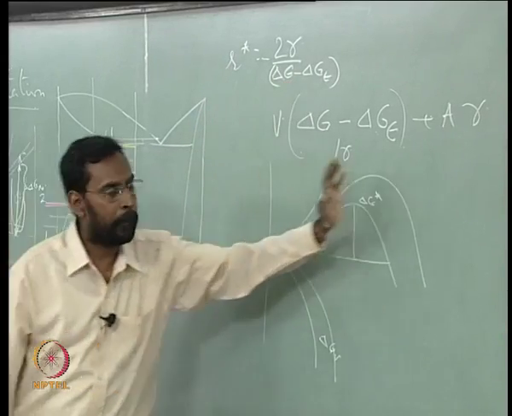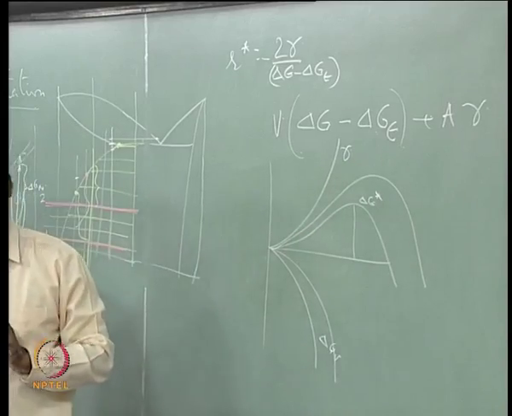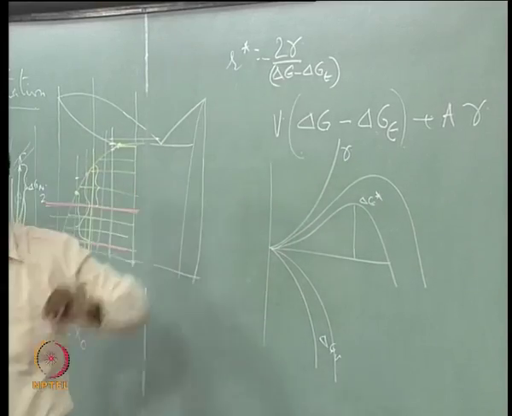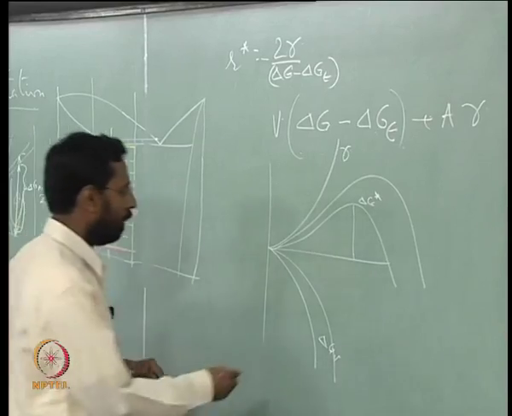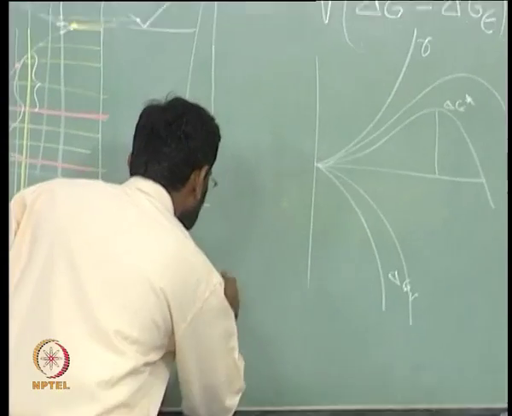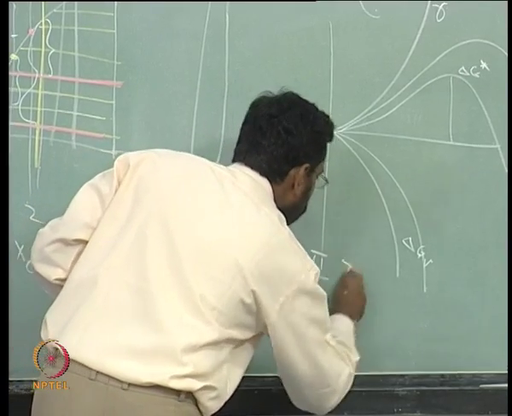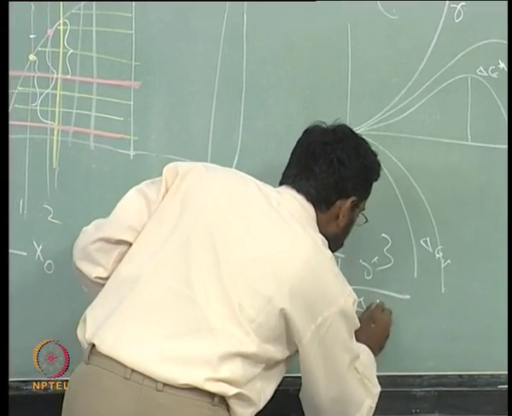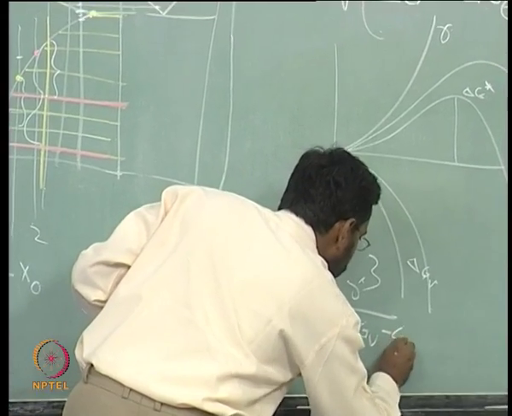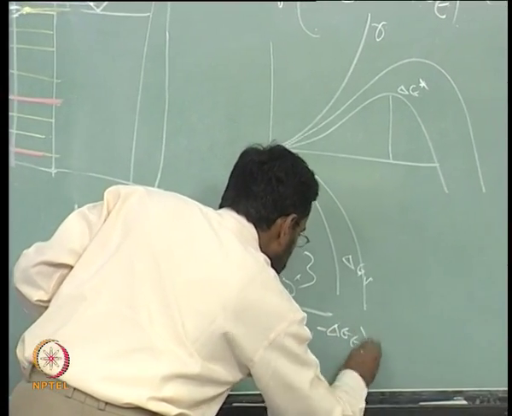So you will have a bigger nucleus, and then if you again put this back into the delta G star term and calculate the delta G star, again 16 pi by 3 gamma cube by delta GV square. So you will see delta GV minus delta G epsilon square.